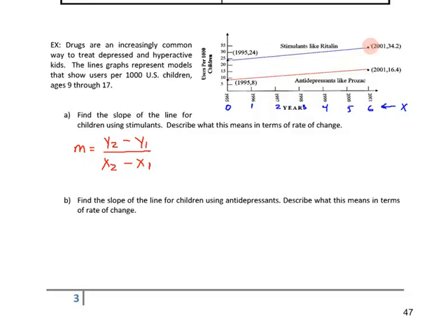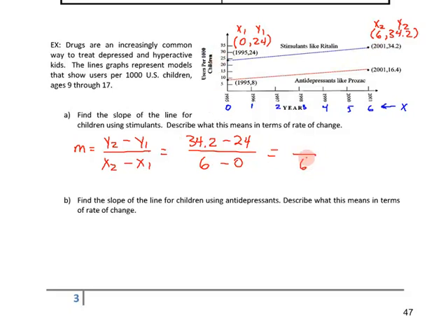Now, what's the coordinate of x2, y2? I'm going to say this is x equals 6 and 34.2. This is x equals 0 and 24. So that's my x1, y1, x2, and y2 on part A. Which means 34.2 minus 24 divided by 6 minus 0. Notice the top number is the difference between year 2001 and 2005, and we're going to divide that by 6 because that's the number of years over which this occurred.